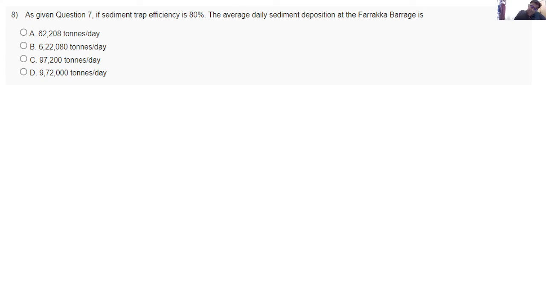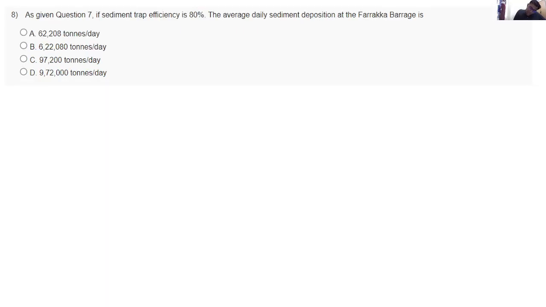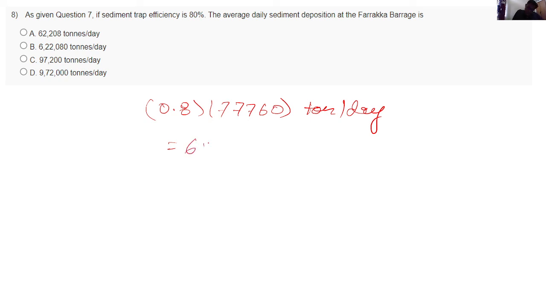So we just need to multiply the answer from the last question, that is 77760 into 0.8, which comes out to be 62208 tons per day, which is option number A.